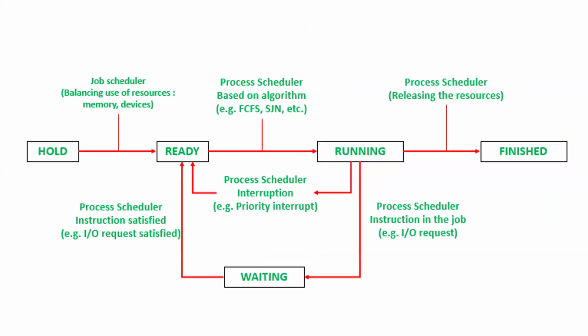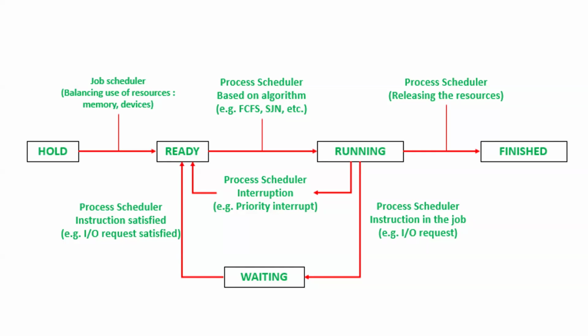You see, sometimes you have hold when a job is being scheduled, balancing resources, memory, and devices. Remember the control unit. Now you will understand the importance of the control unit, because resources have to be shared. You don't want to overpower the ALU. Depending on the power and the number of cores in the microprocessor, the control unit is able to hold sometimes, get it ready, throw it into running, and then from running it is finished.